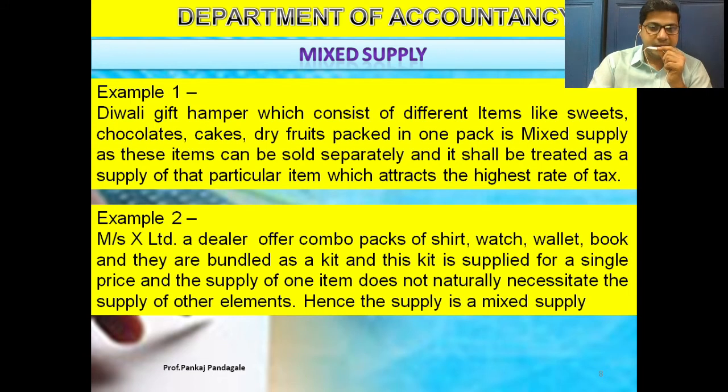Hence the supply is a mixed supply. It means shirt, watch, wallet, books do not depend on each other, they can be sold separately, but in this particular example X Limited offers a combo pack of these, therefore it is called a mixed supply.